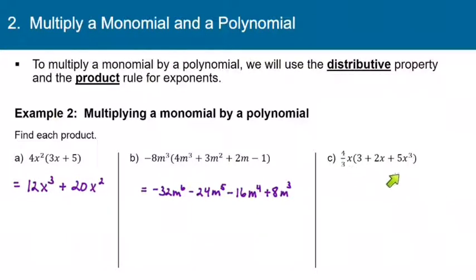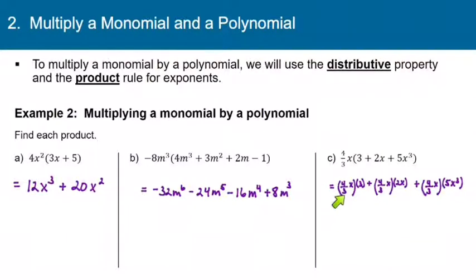So I'm going to distribute the 4/3 x, but I'm not going to actually do the multiplication yet. I'm going to write down 4/3 x times 3, then plus 4/3 x times 2x, then plus 4/3 x times 5x to the third.